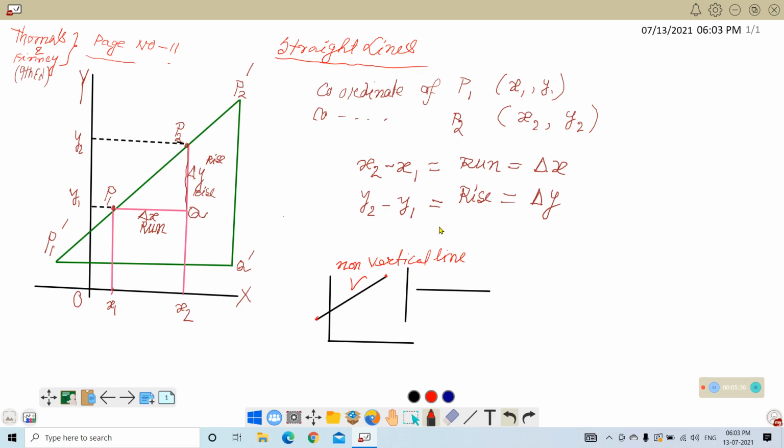For a non-vertical line, m is defined as a new quantity, a new concept to you. m is defined as delta y by delta x. If we divide delta y by delta x, then we will get m. And from our discussion, delta y is equal to y2 minus y1 and delta x is equal to x2 minus x1.